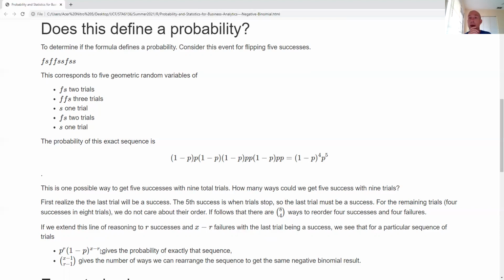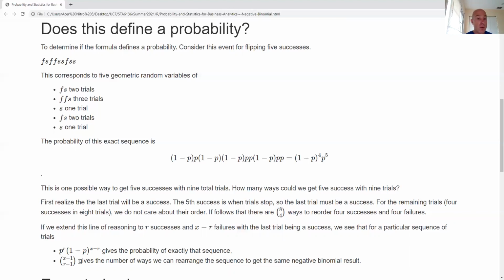Now, how many ways could I rearrange the terms and get the same negative binomial random variable? Remember, the very last position has to be a success. If the very last one is a success, then I have x minus 1 trials that can be rearranged, and r minus 1 of those are going to be successes.